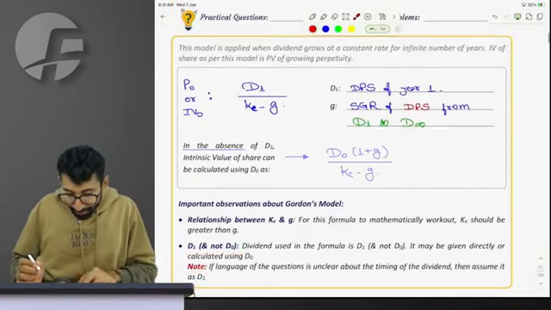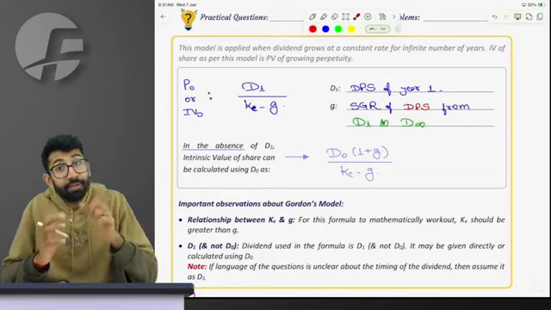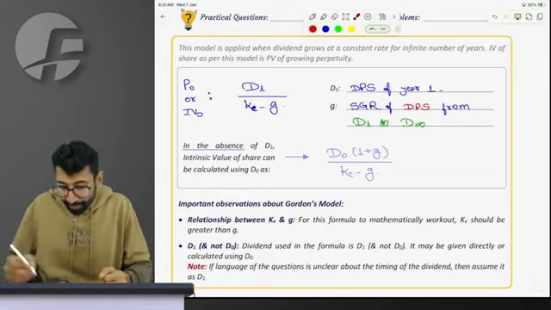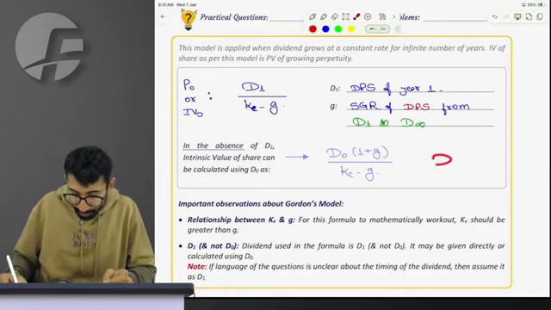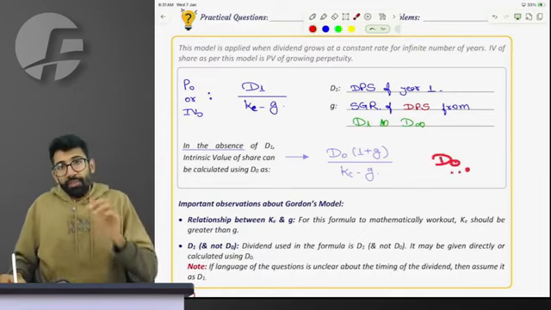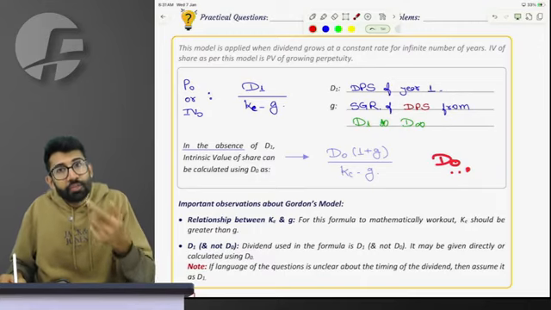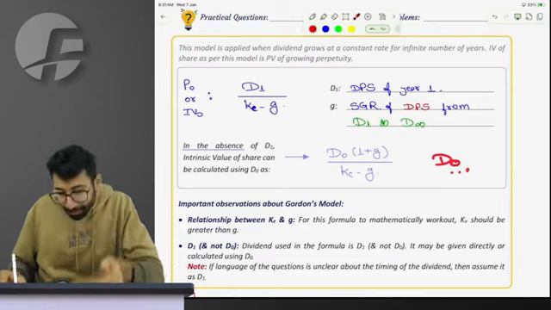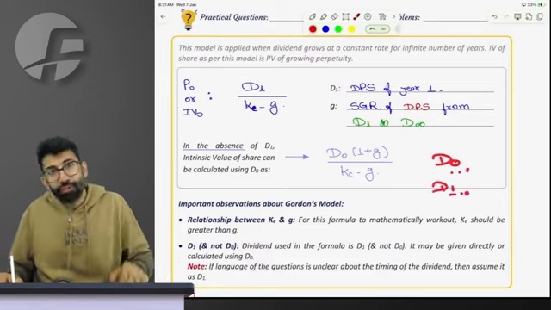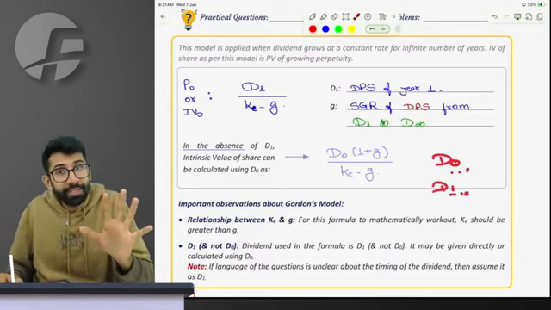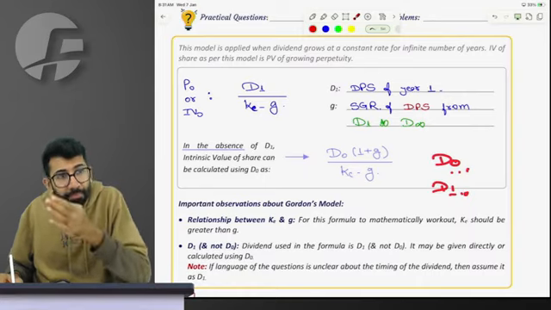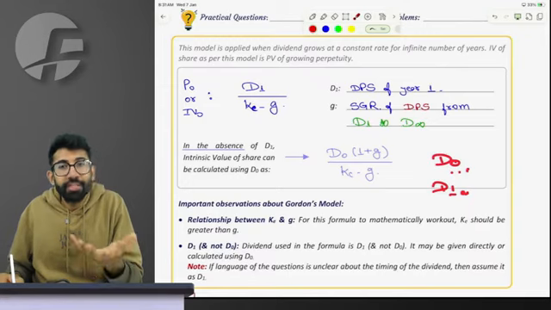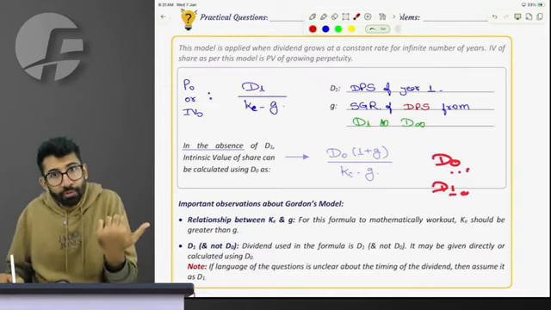Then we learned one particular thing I want to teach you now. Listen to me. If the examiner says the company paid a dividend, just declared a dividend, it gives me that the given information is D0. Then if they say the company is expected to pay the dividend, planning to pay the dividend, will pay the dividend, it gives me a feeling of D1. But sometimes the examiner says the company pays the dividend. Pays the dividend is a generic word. It does not belong to the past, does not belong to the future.